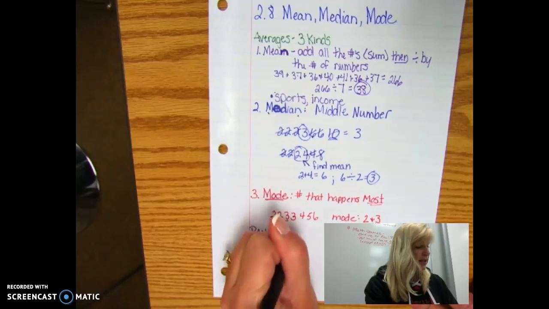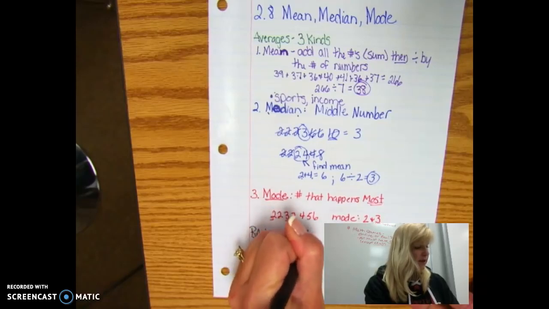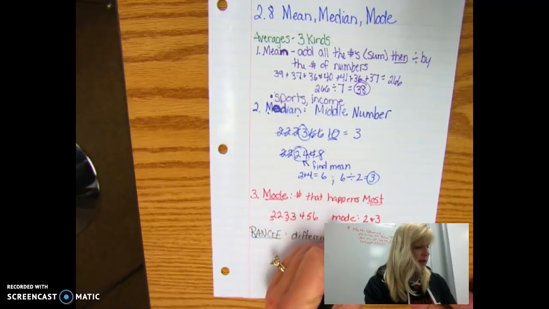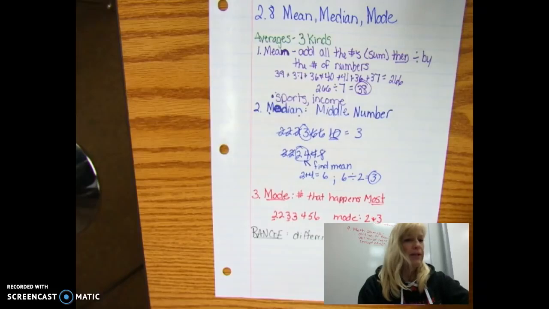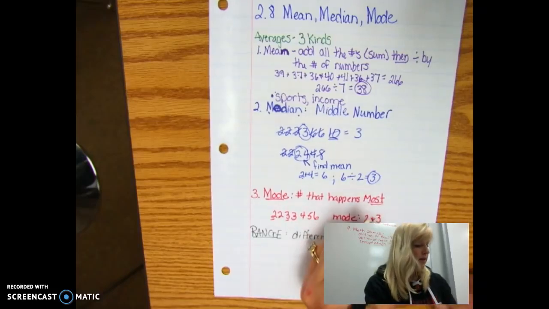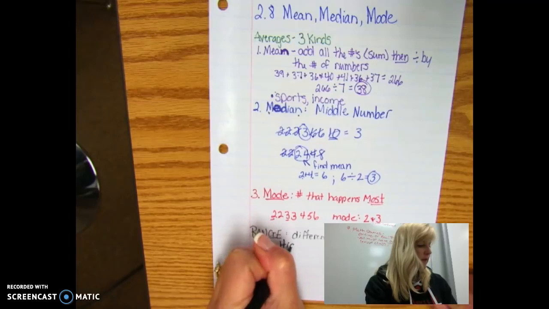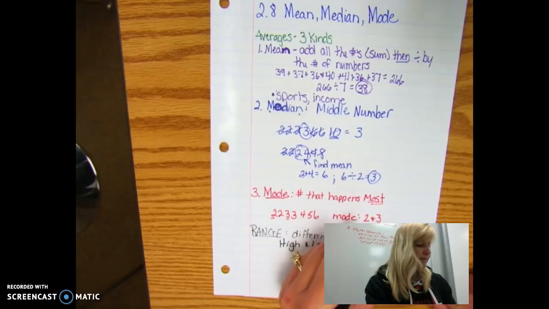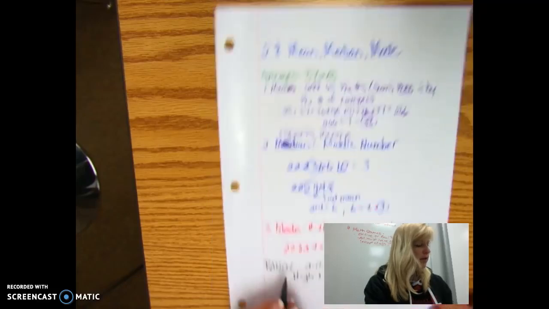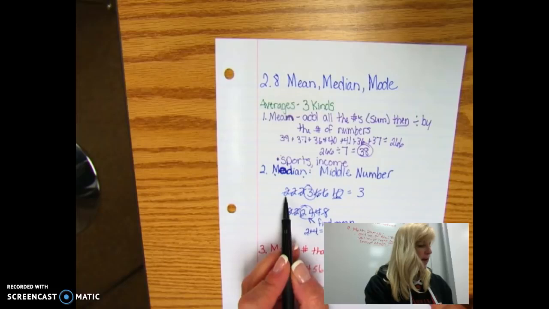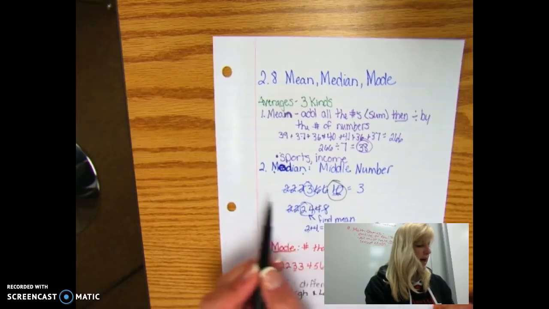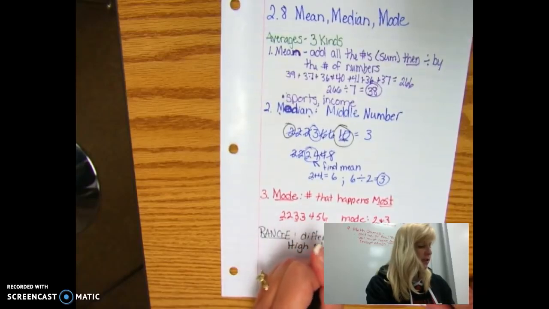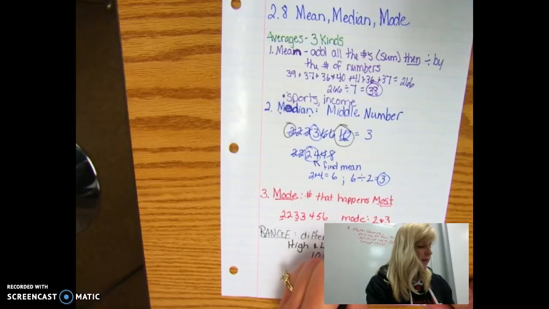The range is the difference between, let's switch pens, the high and low in a data set. So again, if we go back up here, we have these in order. I see that the high is 10, the low is 2, so you would go 10 minus 2, so the range is 8.